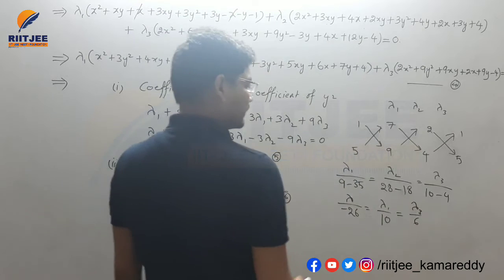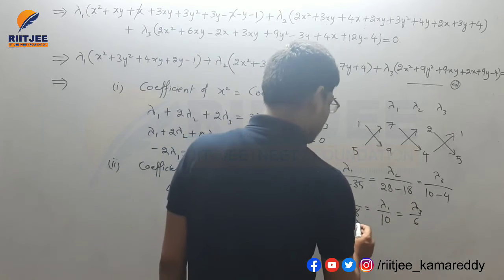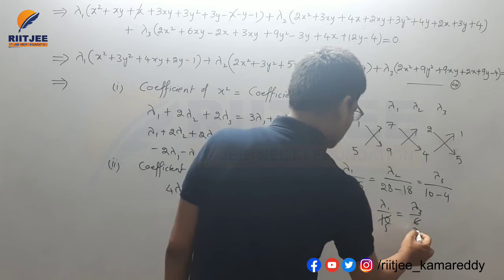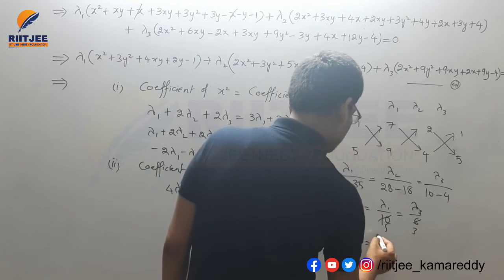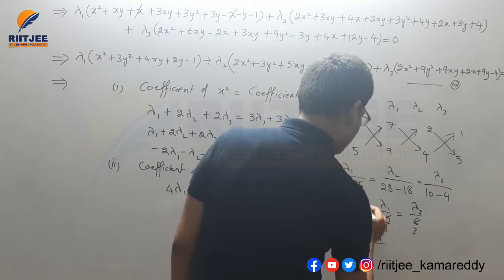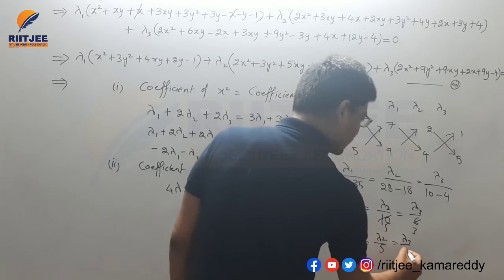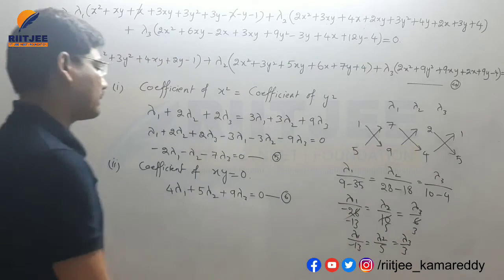If you cancel by 2, we get lambda 1 by minus 13, lambda 2 by 5, and lambda 3 by 3. Here we got the lambda 1, lambda 2, lambda 3 values.